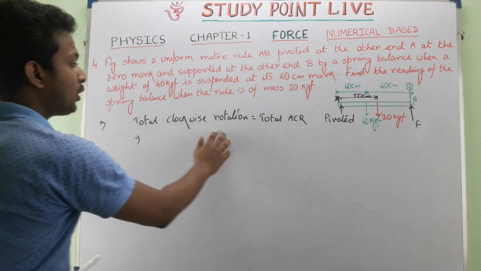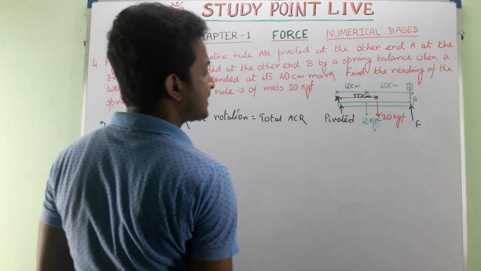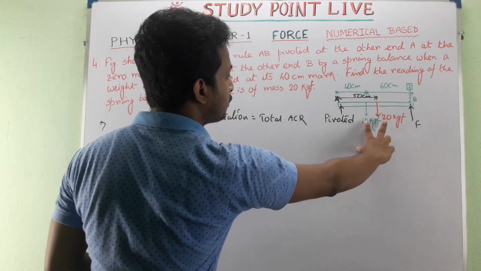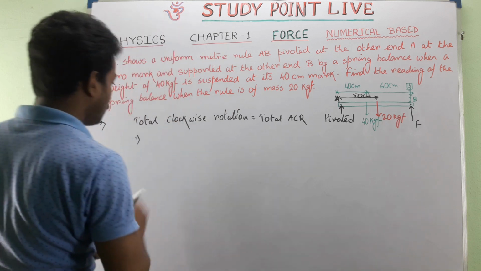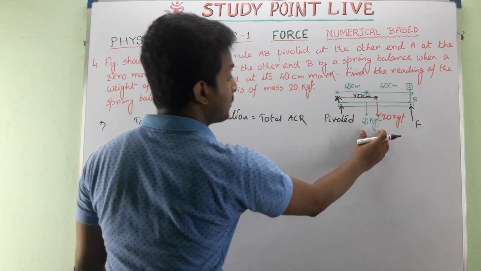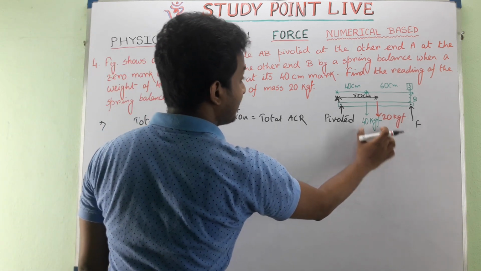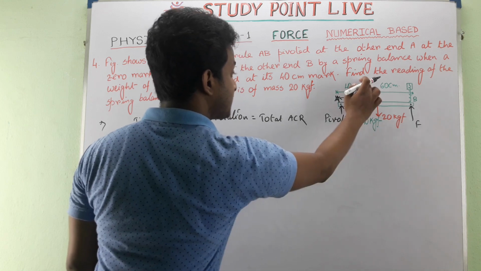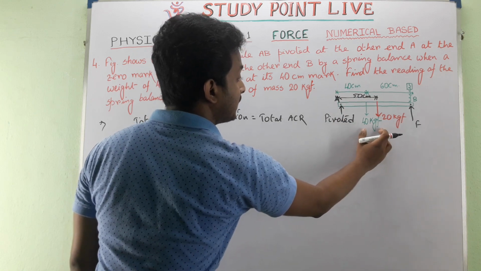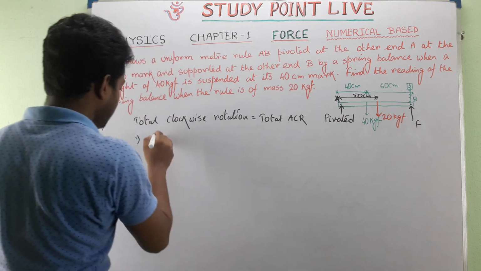Now the total clockwise rotation will be for these two. So what is the total moment of force? Force into distance. Here the force is 40 kgf and the distance is 40 centimeter.